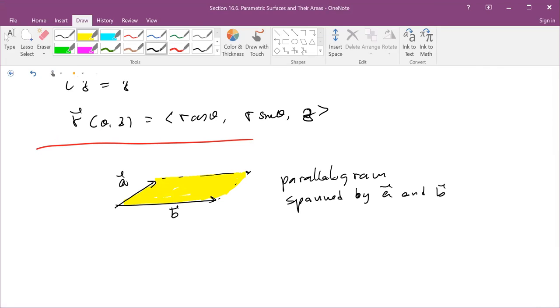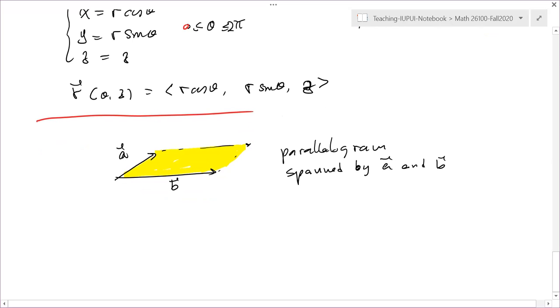Now, how do we find the area of this parallelogram? Okay, can we use the two vectors to find this area? So actually, the area of this parallelogram is the norm of A cross B. Okay, A dot B gives you the angle.